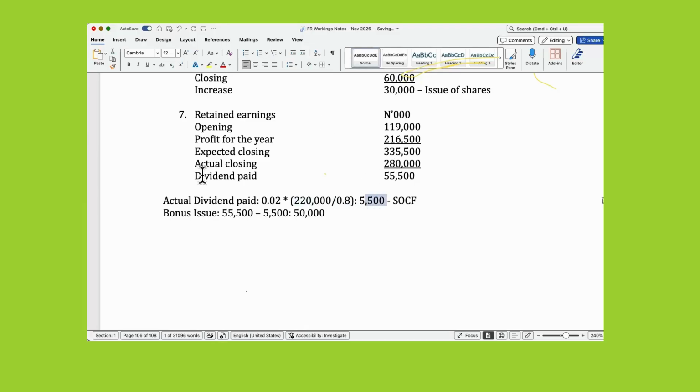This balance that we have is not everything that's bonus. So this dividend paid includes bonus elements. So I'm able to derive the bonus element as this, which is this 50,000.